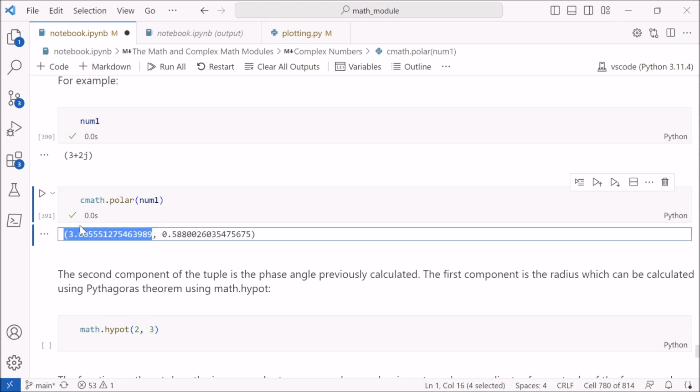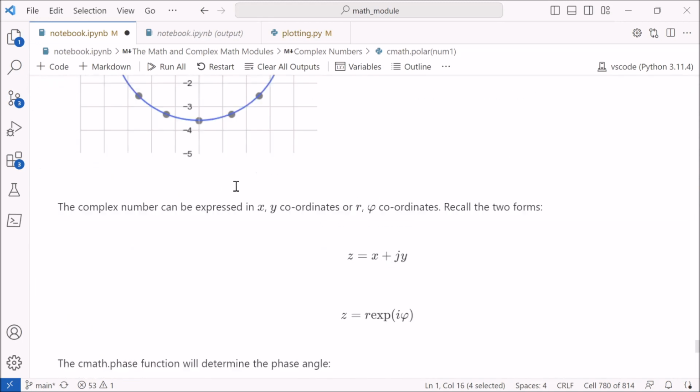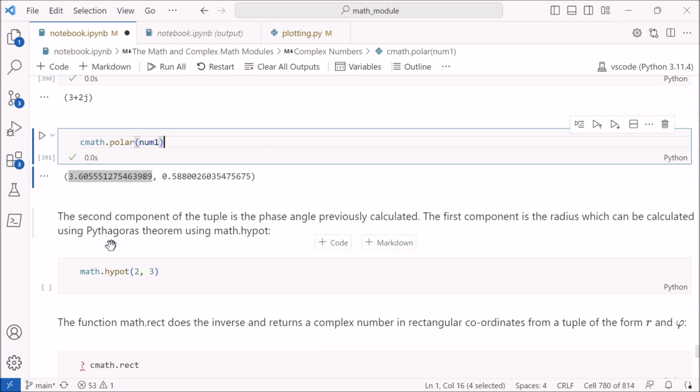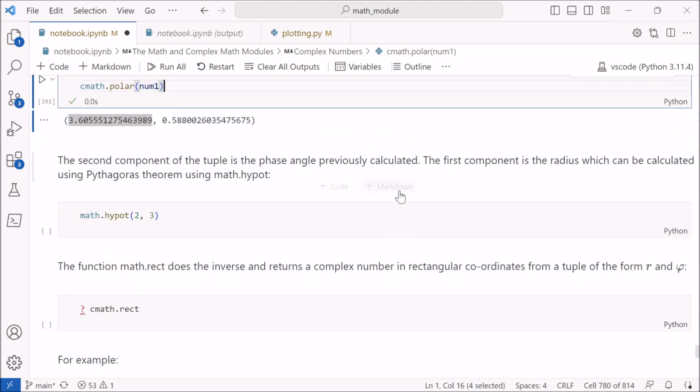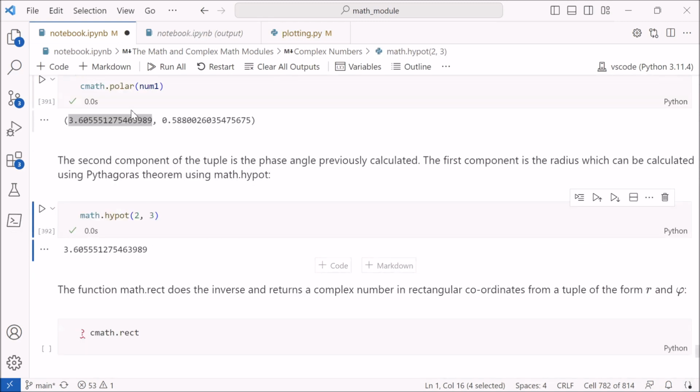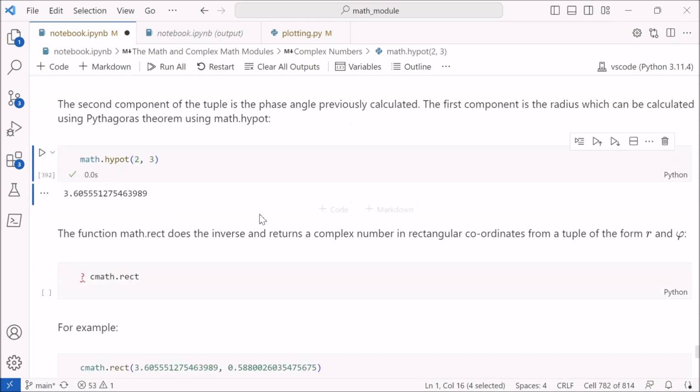This is essentially calculated using Pythagoras' theorem, so it will be this squared plus this squared. We can check this out using Pythagoras' theorem to get the hypotenuse, and we get the same value.